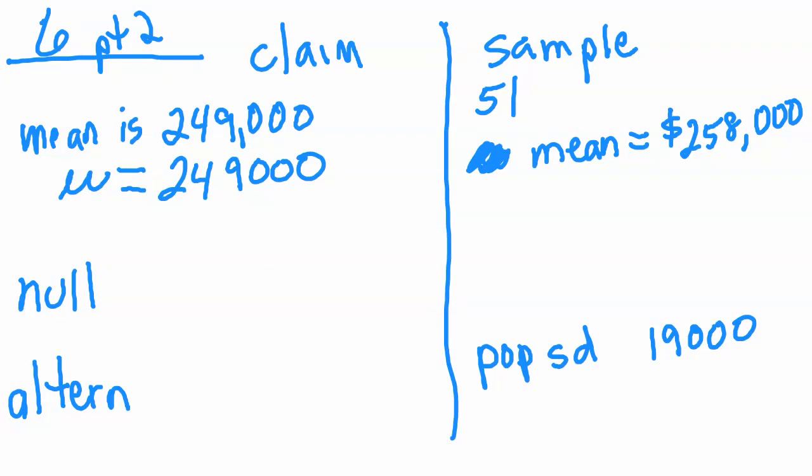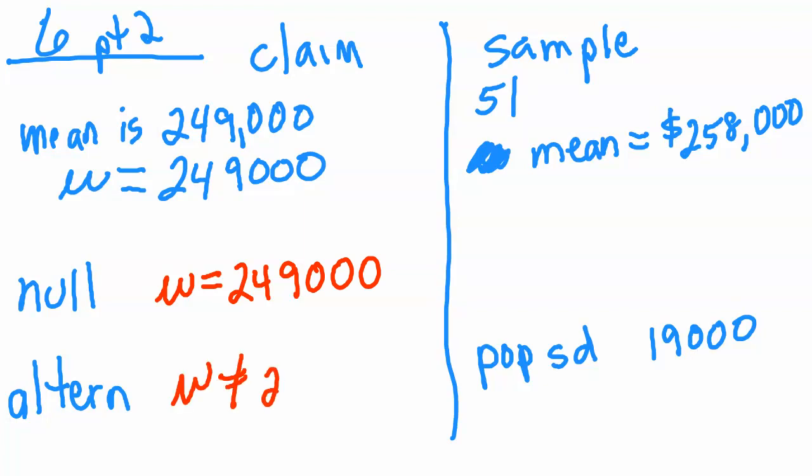Well, the null always has the equal sign. Okay, so that is the null because it has the equal sign. So what's the opposite of equals? Well, the opposite is not equals. So it's either equal to 249,000 or it's not equal to 249,000.